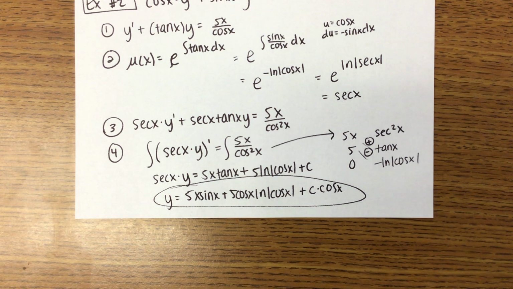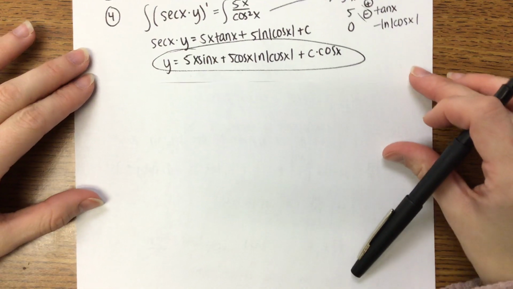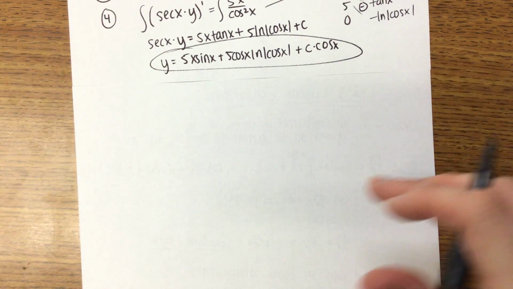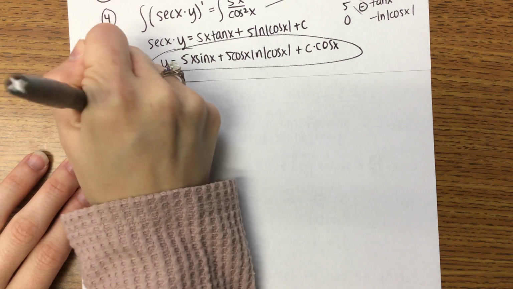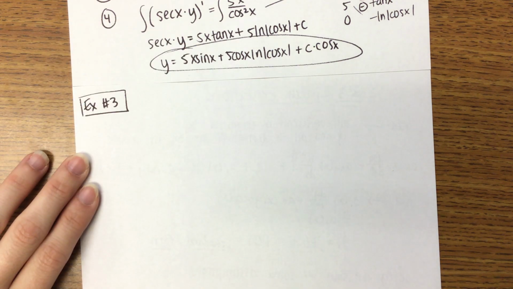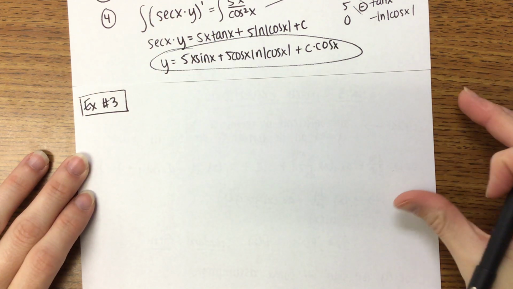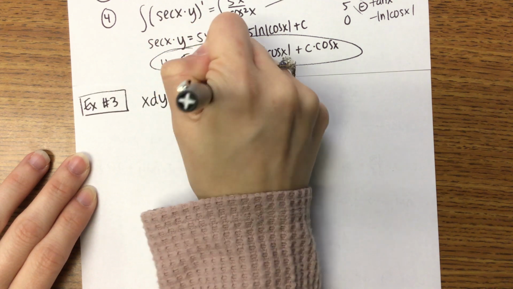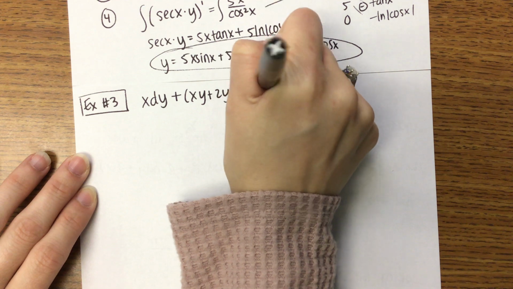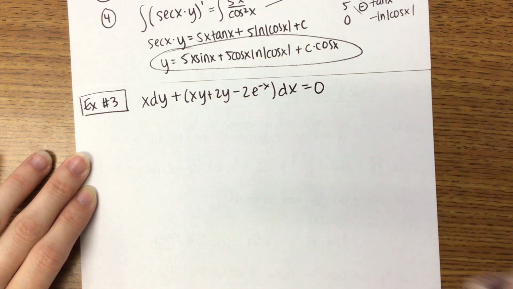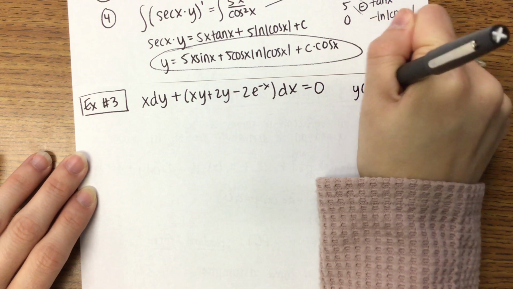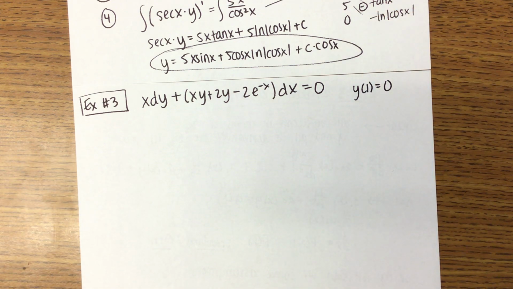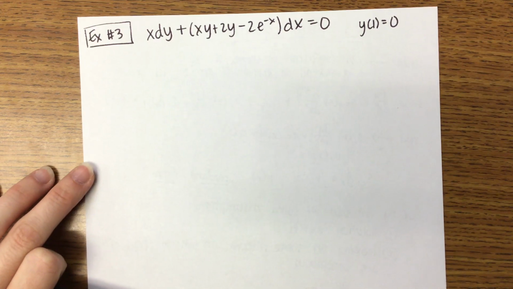Okay. Questions on linear before you guys try one? No? Great. Do you feel confident that you can attempt one? Yes? Good. This one is going to be an initial value problem, so you're going to have to find c. We get x dy, add xy plus 2y minus 2e to the negative x dx is all equal to 0. The initial condition is that y of 1 equals 0. Okay, this one's for you. Good luck.